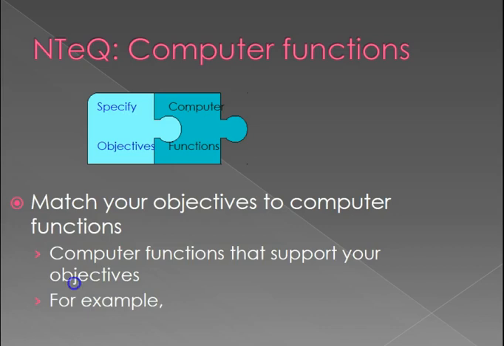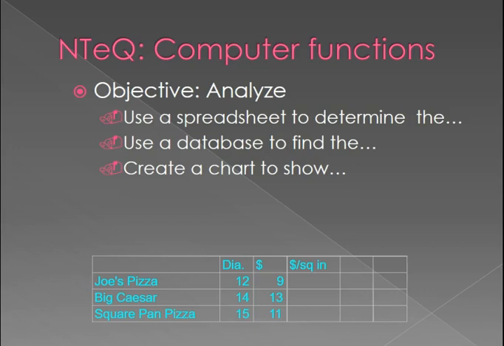So for example, if your objective was to analyze, you could have the computer function use a spreadsheet to determine, use a database to find, create a chart to show. So you can see, for example, there's a chart there.